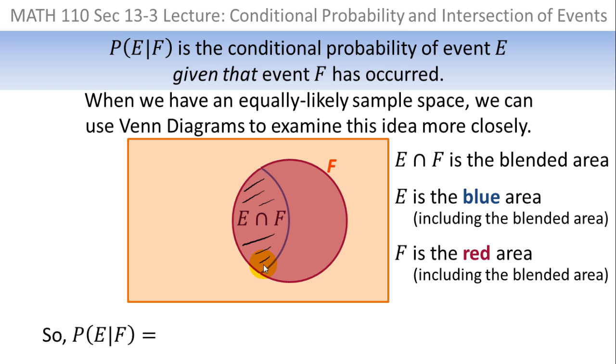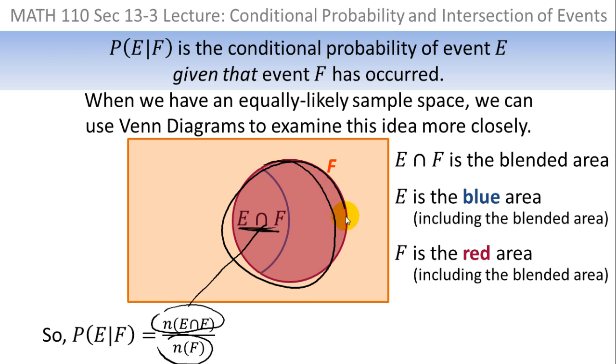With equally likely sample spaces, which is what we're considering here, if you want to calculate the probability of something, you take the number of ways you can get it over the number of elements in the sample space. Here that translates into the number of elements in that blended area over the number of elements in the entire circle.